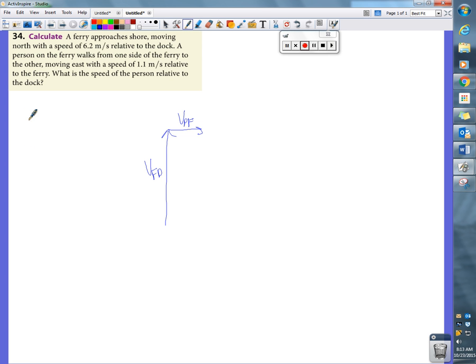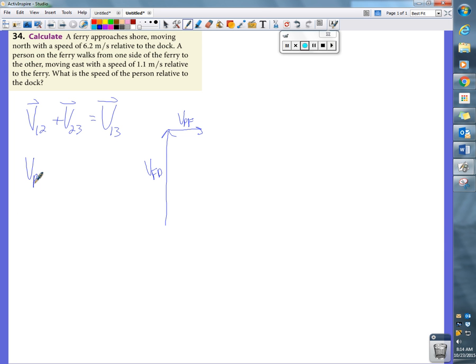So using our general format, v12 plus v23 is equal to v13 in terms of vector addition here. Again, we could have drawn these in the opposite way, but it doesn't really matter.